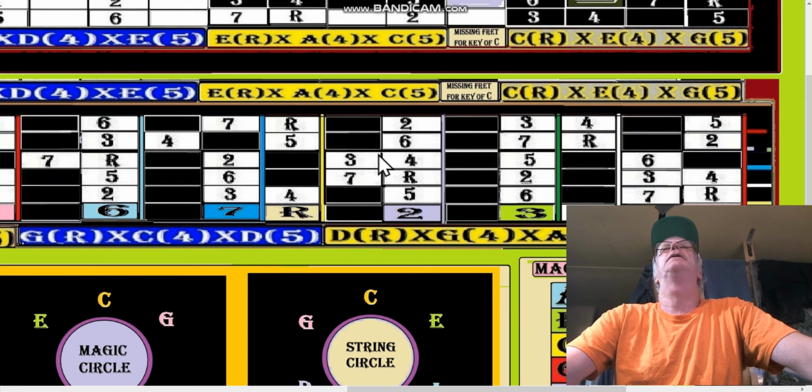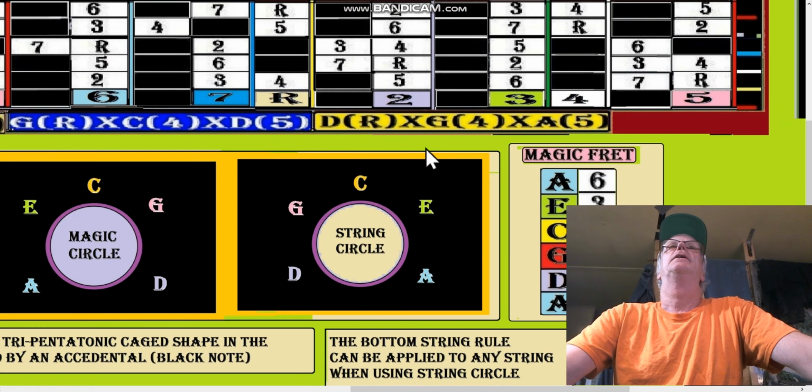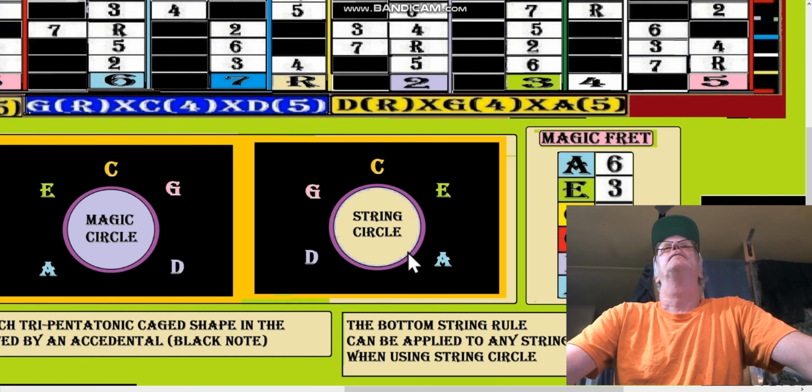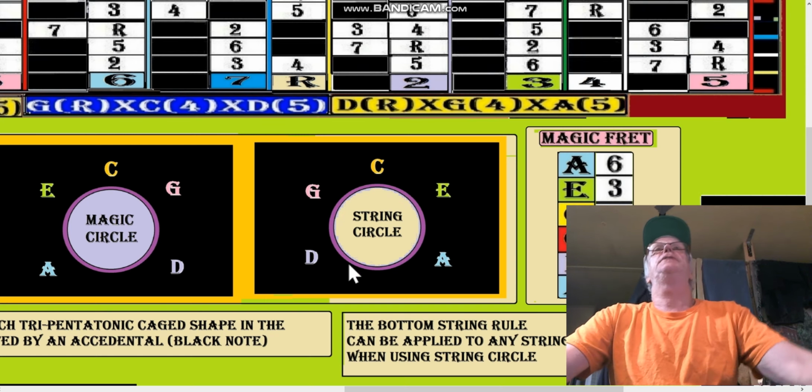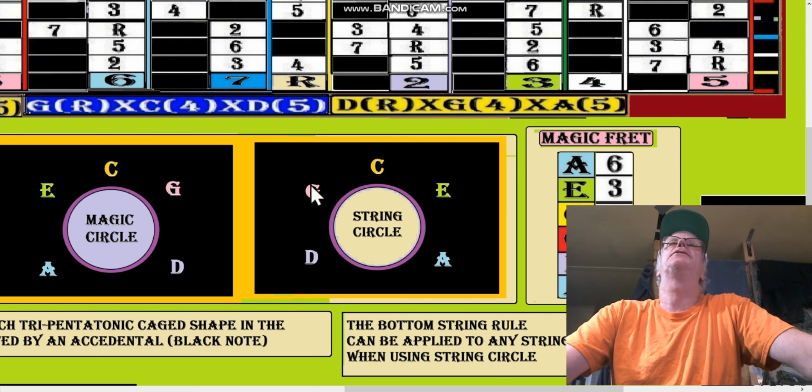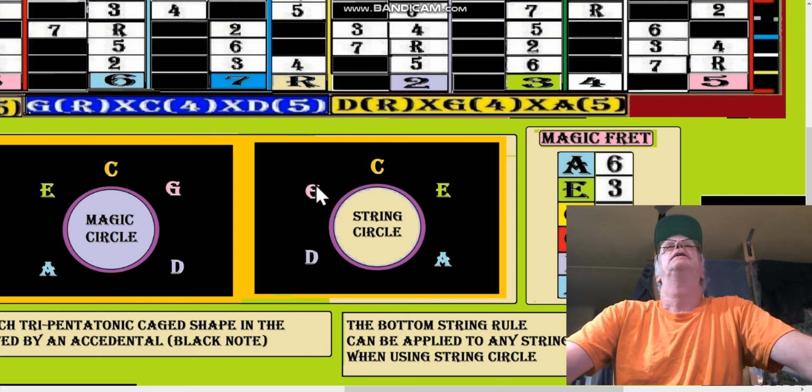Well, what happened there? Look at the string circle. Okay, start a D shape from the second string, you get a G shape. Okay, and then start a C shape from the second string, you get an E shape.